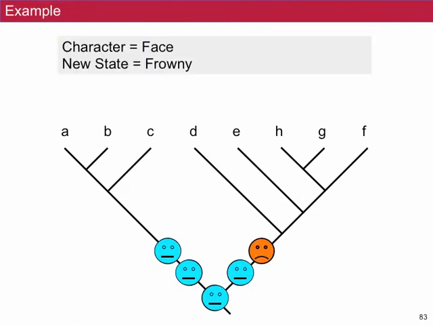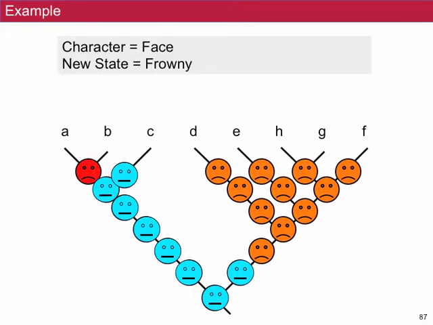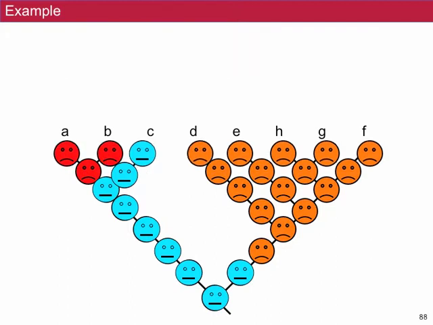along one lineage, the frowny face evolved, but then along another lineage, a frowny face was separately invented in a different lineage in the tree. So if we compared A and B to each other, and to D, E, H, G, and F, they're similar in the sense that they all have frowny faces.